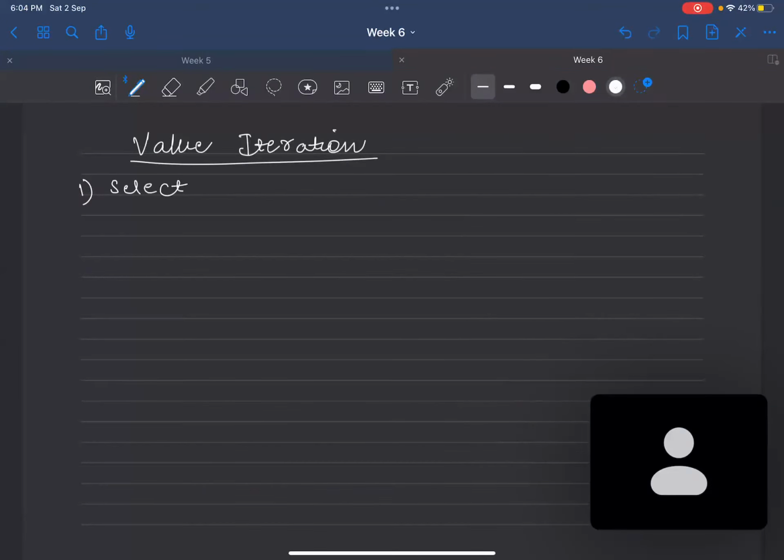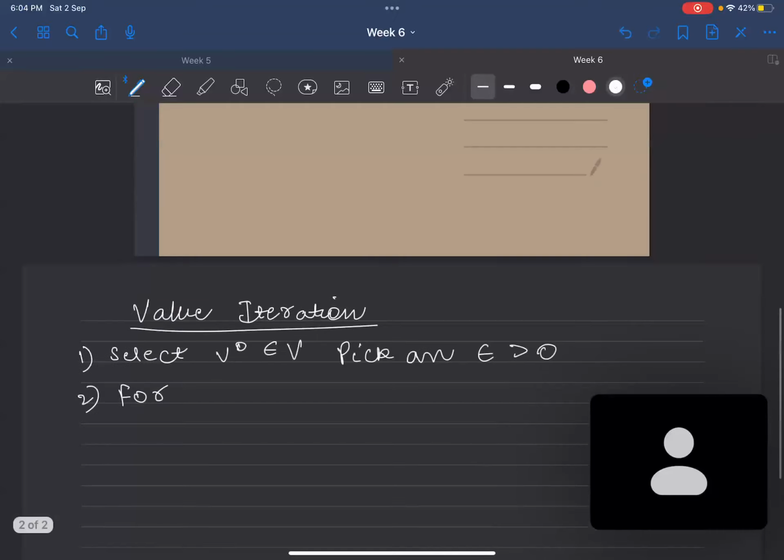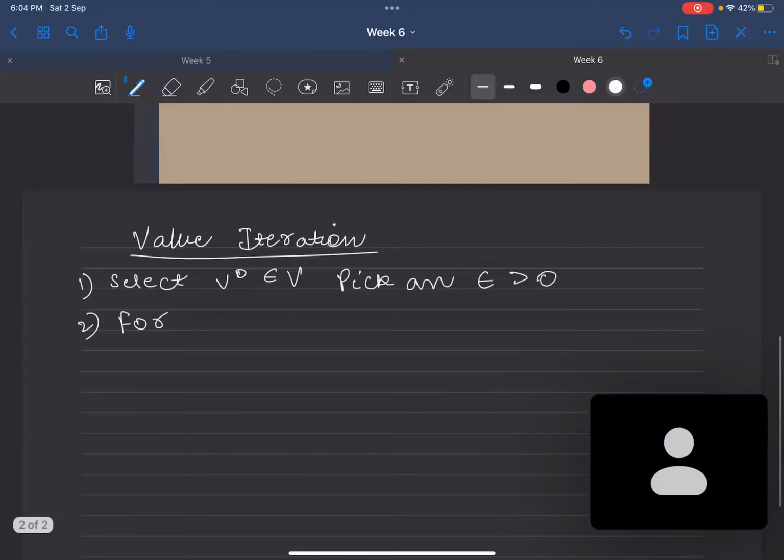First, I'll write value iteration. Select V naught belongs to V. I'll go through more examples of value iteration as well.